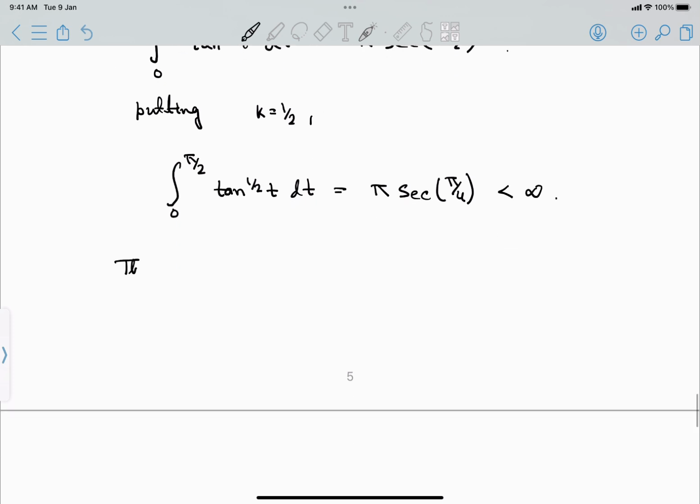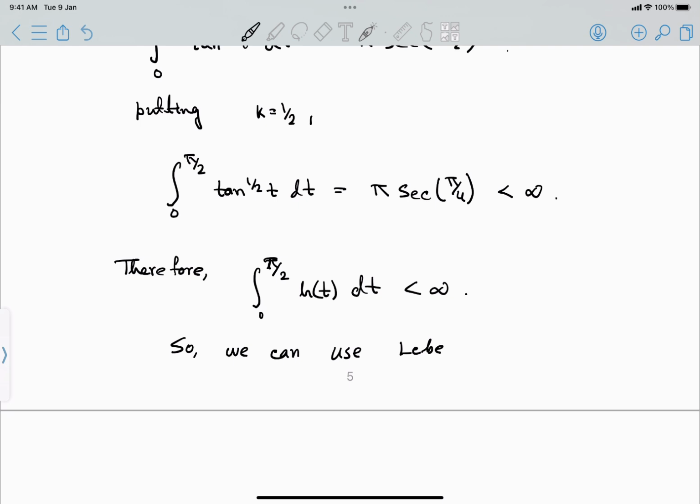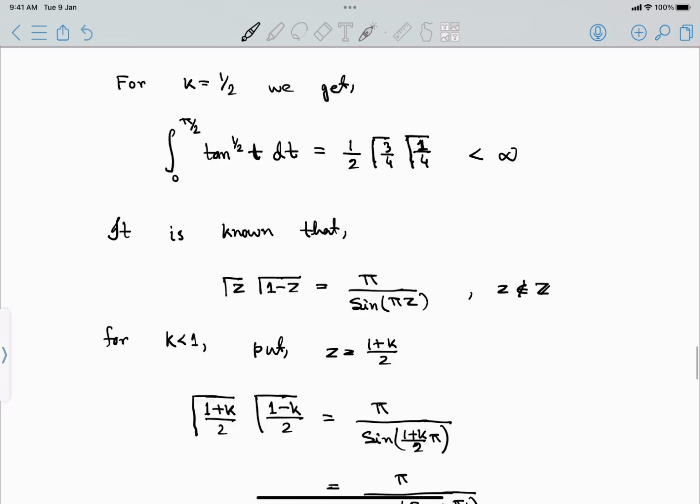So this is obviously finite. So therefore, is this integral finite? Therefore integral h 0 to pi by 2 h t is also finite. So yeah, this is satisfied. So therefore we can use Lebesgue DCT. The condition for DCT is satisfied, so we can use DCT.